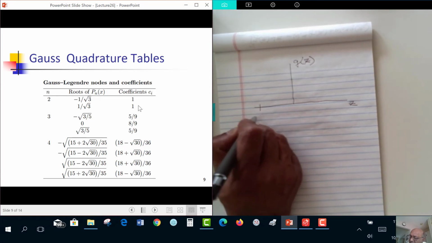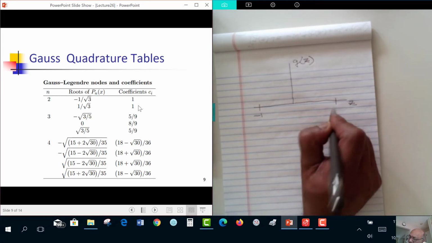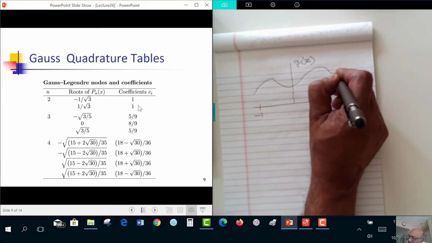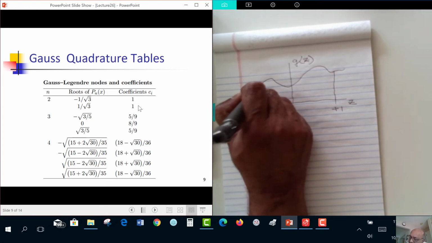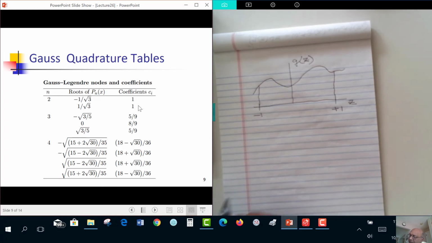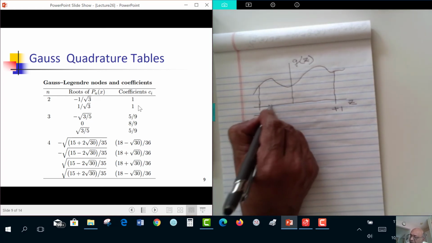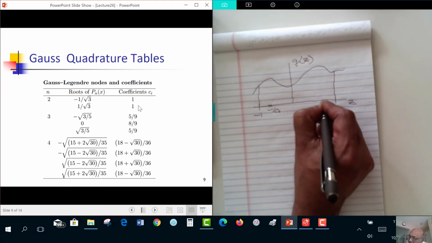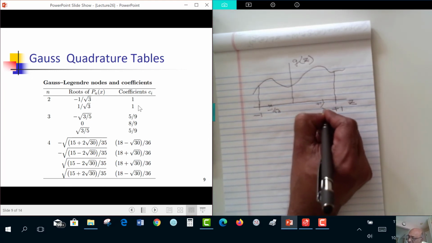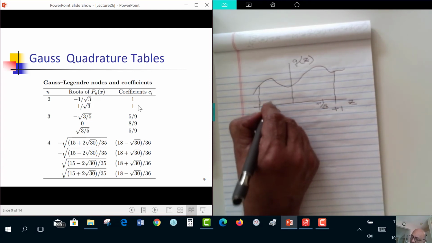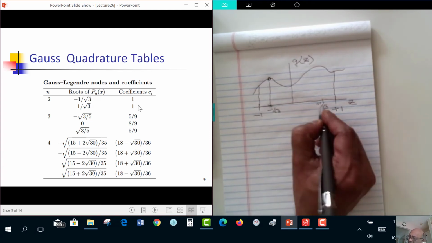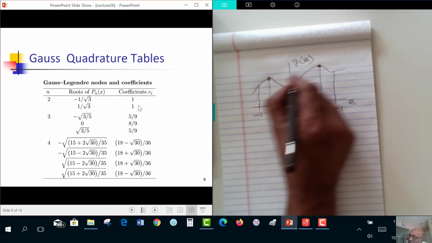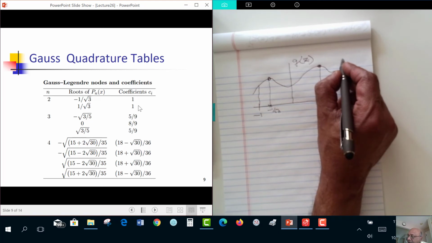We want to integrate from -1 to +1 some function. So we want to find this area. This is what our goal is. What we are doing is, if we have 2 points, -1 over square root of 3 and +1 over square root of 3, we evaluate the function g(z), and of course, 2 points will be fitting a trapezoid, sort of.